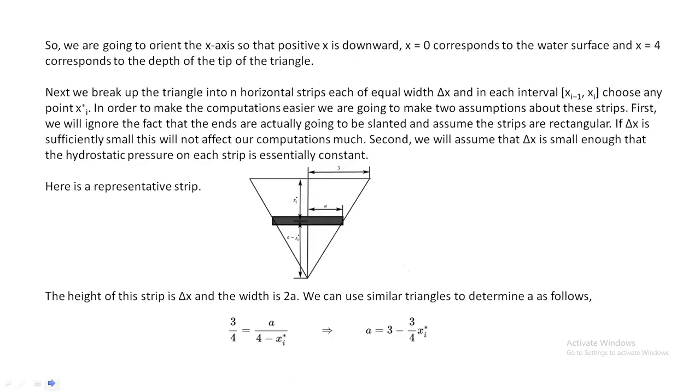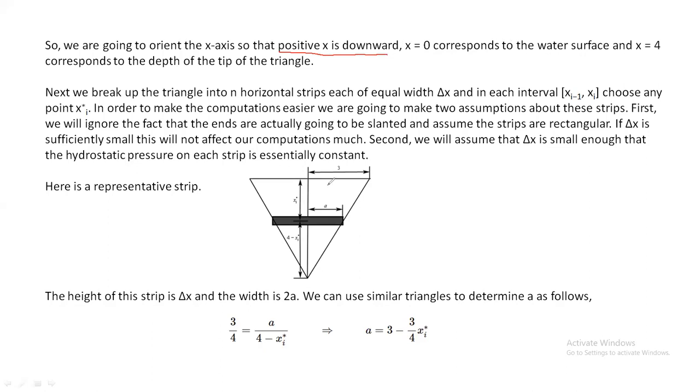Now we will proceed. We are going to orient the x-axis so that the positive x is down. Again, contrary to what we have learned, we know that downwards means negative and upwards means positive. But take note, it says here that the downward direction for x is positive. Positive x is downward. x equals 0 corresponds to the water surface.